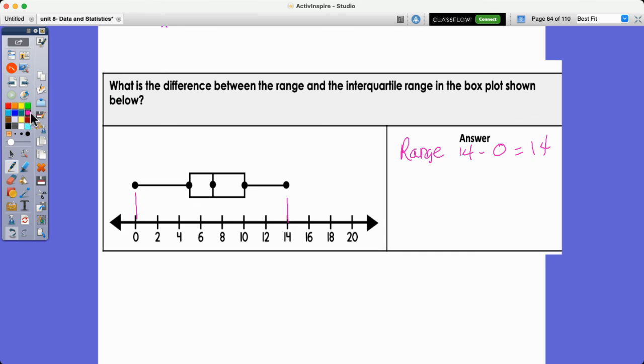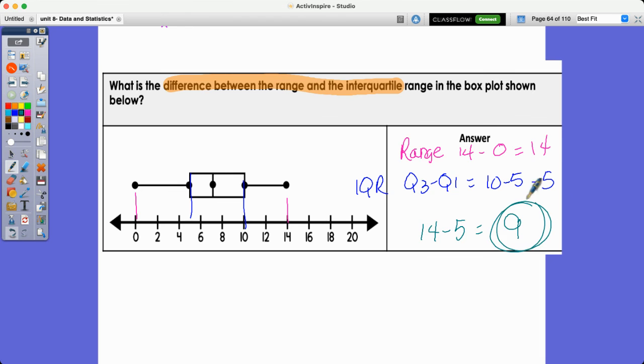And then it asked me to find IQR, which is Q3 minus Q1, the end of the box minus the beginning of the box, which is 5. Now, read that question again. It says, what is the difference between them? You can't just write this and walk away. Yes, this is IQR, this is range, but that is not what it asked you to find. It asked you to find the difference between them. So you need to subtract. The difference between them is 9.